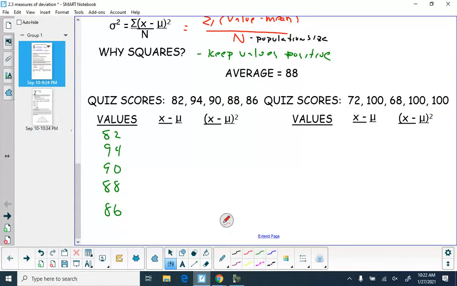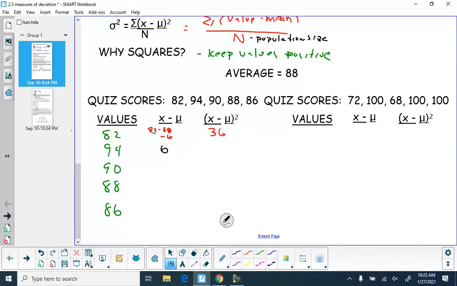So my first column, I have 82 minus 88, which is -6. And then work yourself sideways, and then work down the column. So we have 94 minus 88, which is a value of 6.